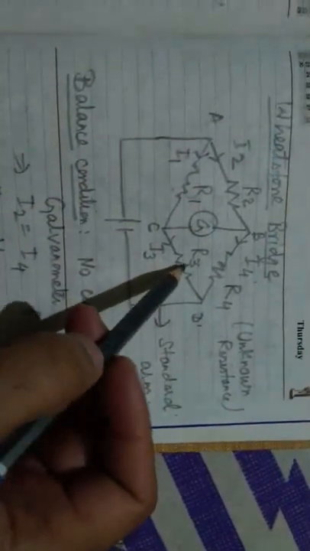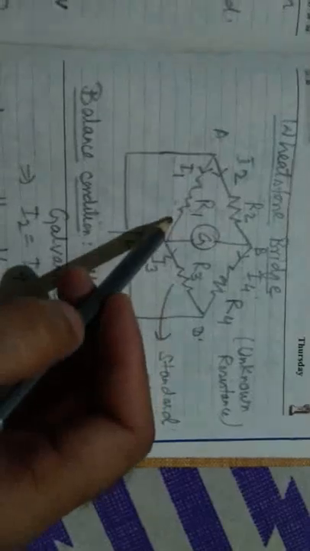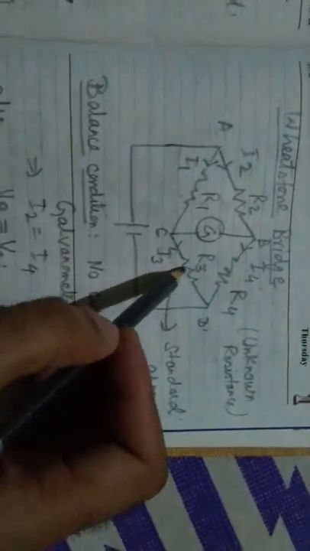Either their value is known or their ratio is known, and this is an unknown resistance and this is a standard arm resistance. So we can vary this resistance according to our wish. These are known, their ratio is known, this we can vary, and this is unknown.